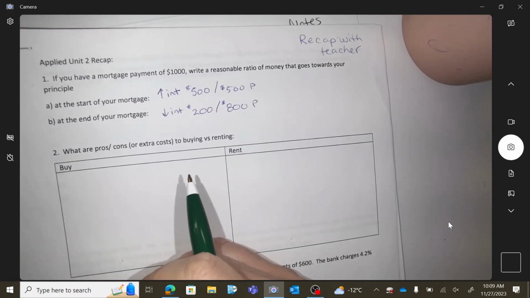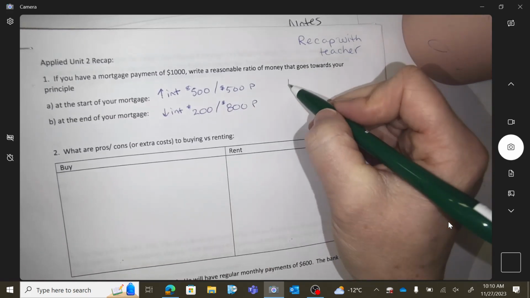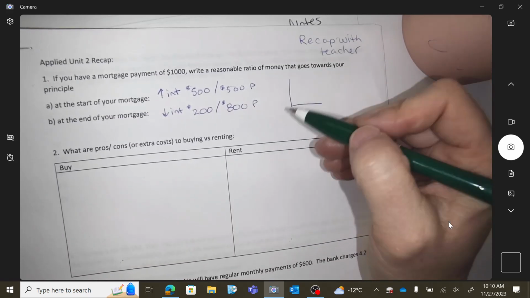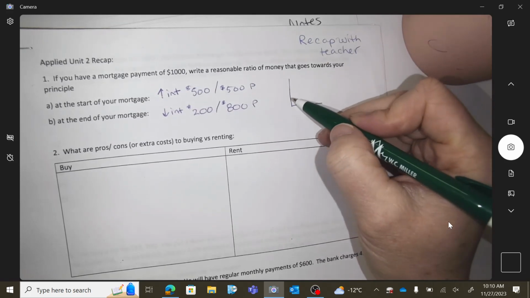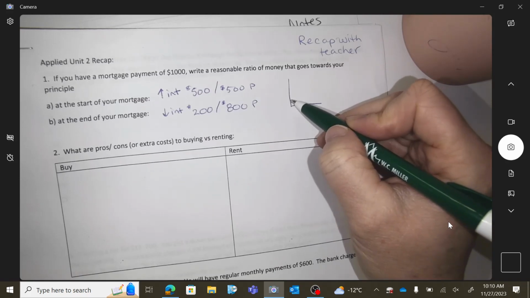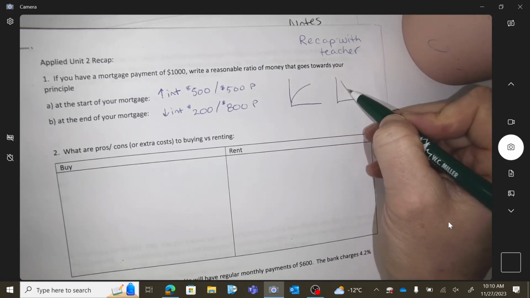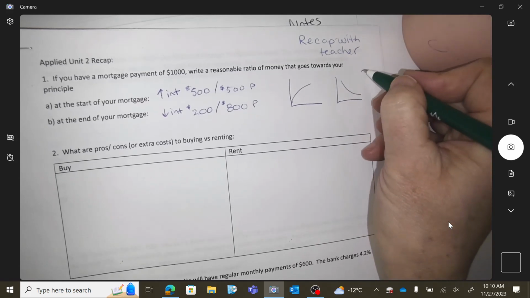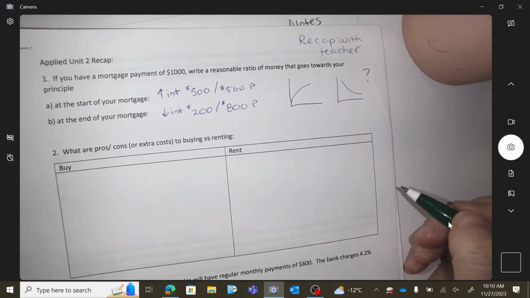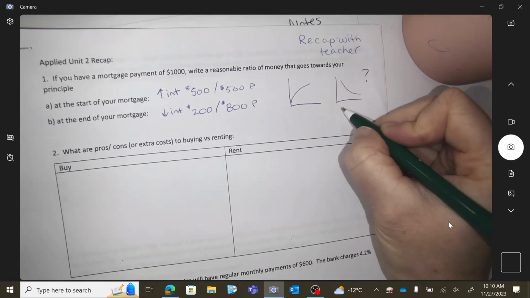There's a question in your test about the graph. Like, what does that look like on a graph? Do you remember that question in your booklet? Kind of what's happening with your interest? What's happening with your principal? Think about that question in your booklets.